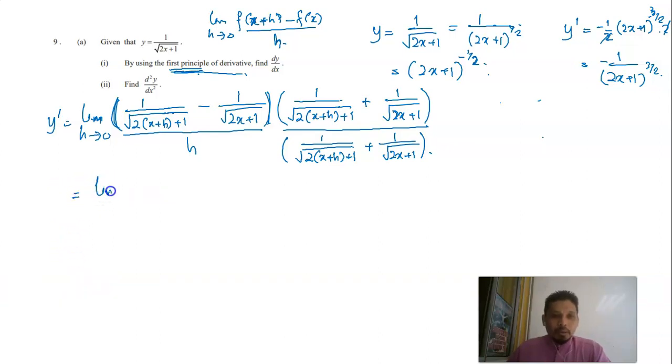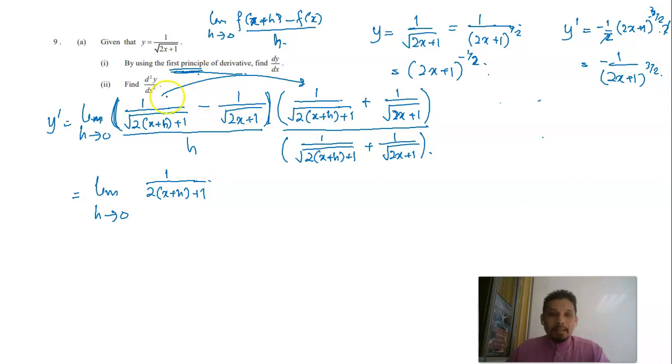This equals the limit of h approaching 0. So this one multiplied with this: the square root multiplied with the same square root gives 1 divided by 2x plus h plus 1.